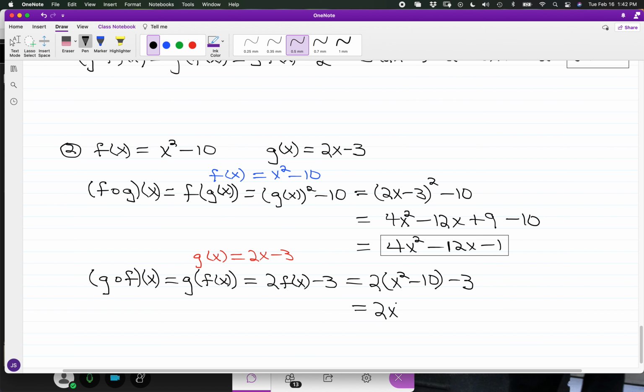So we have 2x squared minus 20 upon distributing, and afterwards the subtraction of 3, and then combining the constants, it will turn out that the composition whereupon g is composed with f of x would come out to 2x squared minus 23.